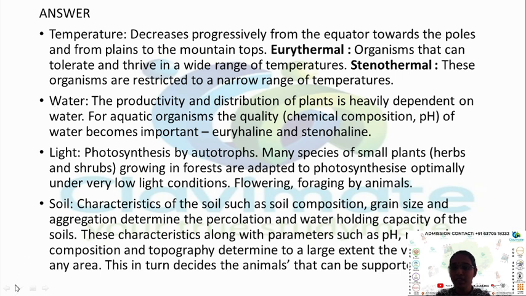The first point here is the temperature. There are varying temperatures across the globe.